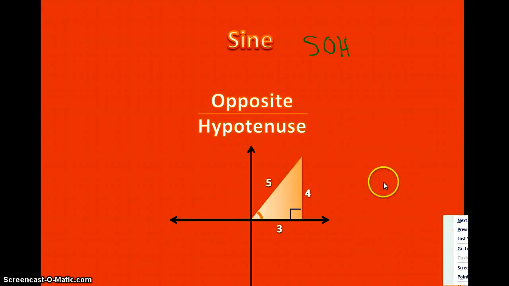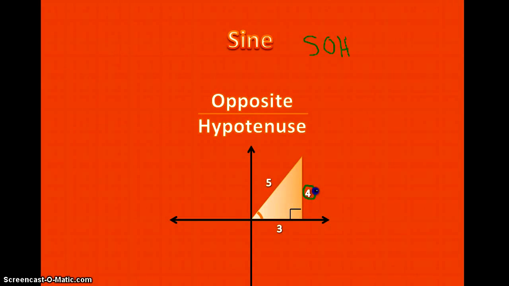The opposite of our angle is 4, so we're going to put sine equals 4 divided by our hypotenuse, which is 5. So we will have sine equals 4 over 5, or 4/5. Hopefully that makes a little bit of sense.